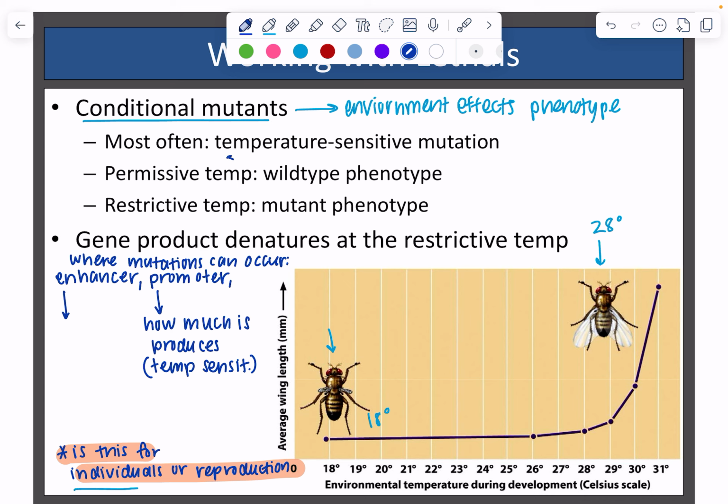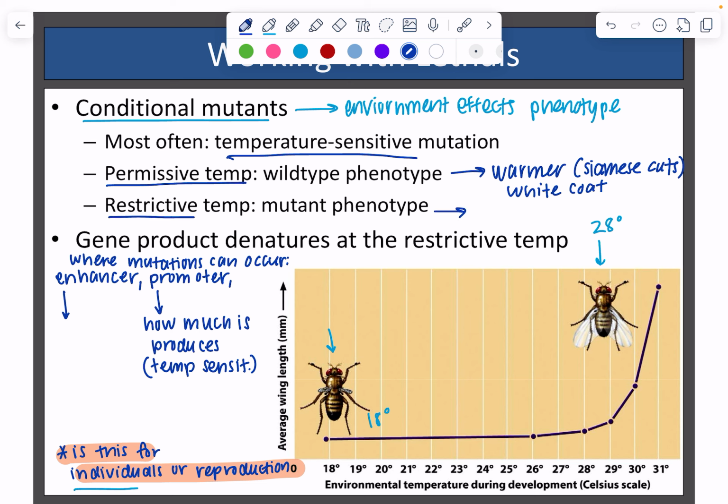They're most often temperature sensitive, so just like Siamese cats. Permissive temp, wild type. Okay, so permissive temp means, well, I don't know if that means it's a certain temperature, but you'll get a wild type phenotype. So in Siamese cats, because I know cats better than I know flies, the permissive temp would be warmer, because they're showing a more white coat.